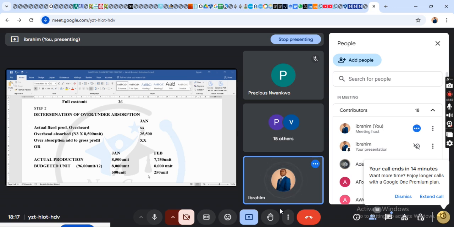Is that not so? We need to change the method because the actual fixed production overhead is not given. They did not give us the actual fixed production overhead that they incurred. Let's change the method, and we are given the actual production and the budgeted unit. Is that not so?